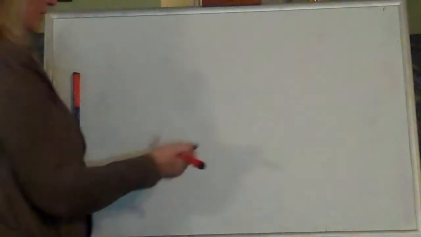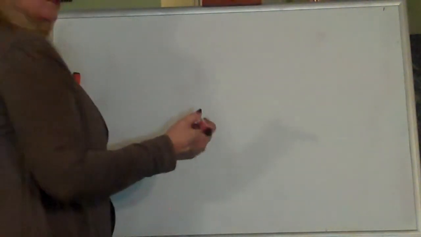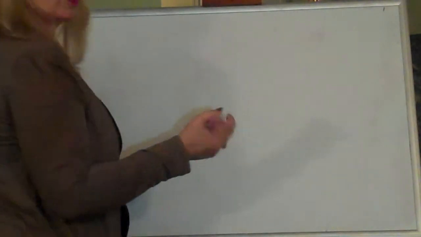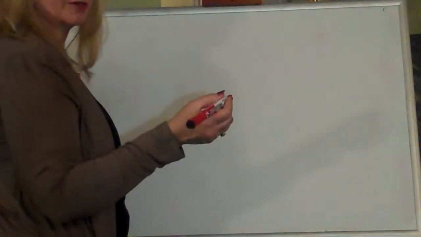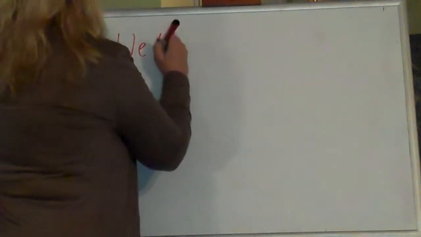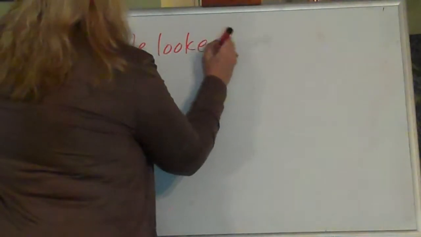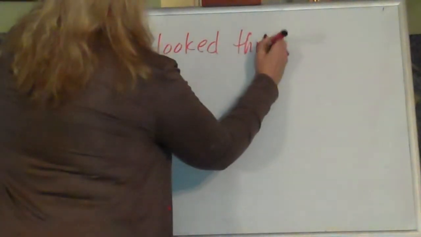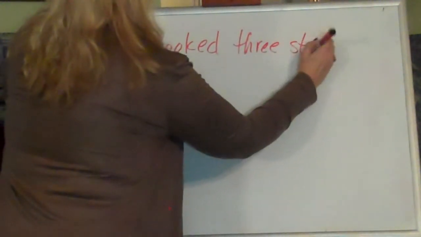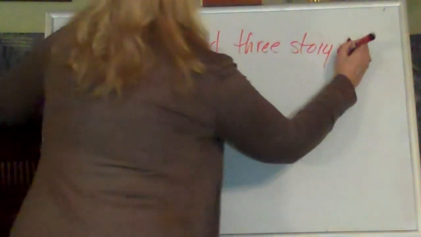Okay, another concept that you'll be dealing with is what do you do when you have what's called a compound adjective coming before the noun it modifies. So let me just give you an example. What if I said we looked at 3-story apartments?